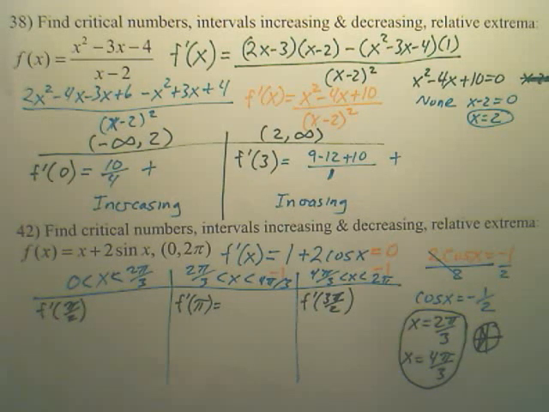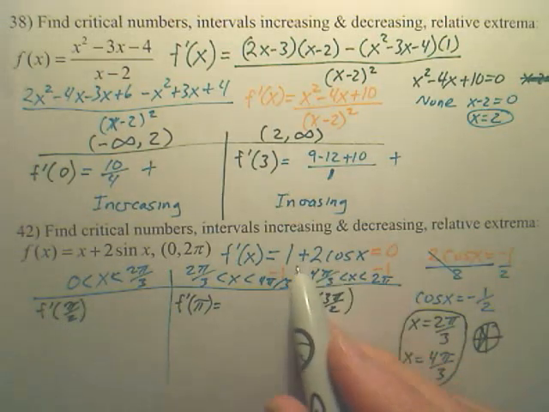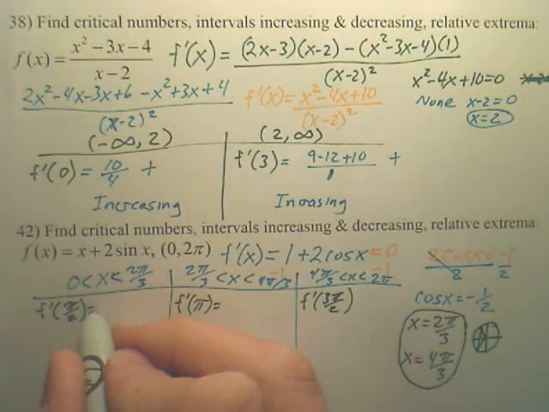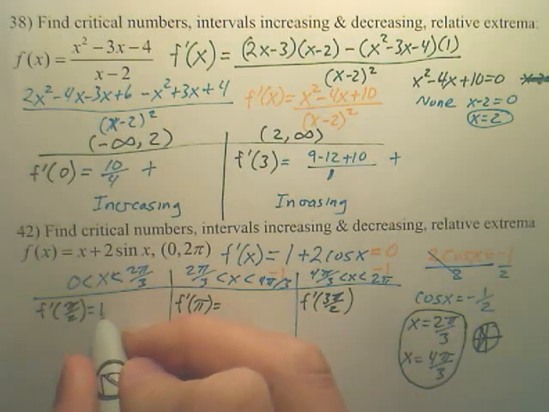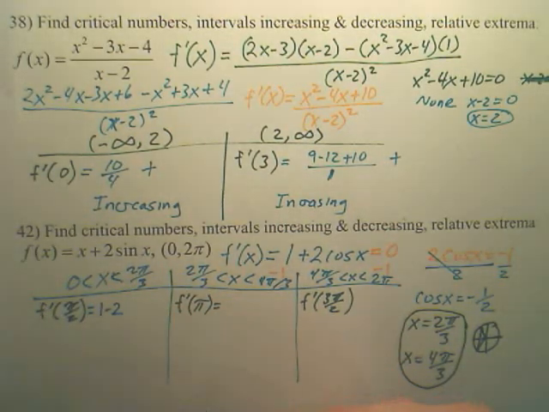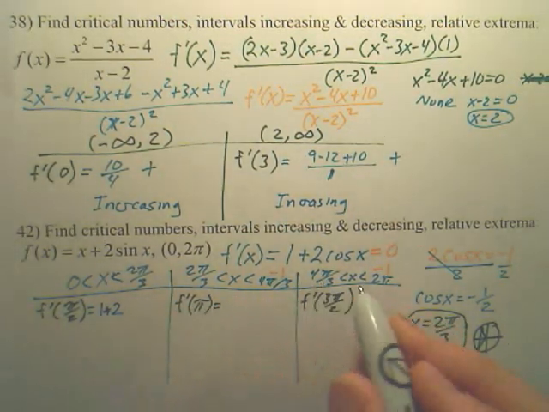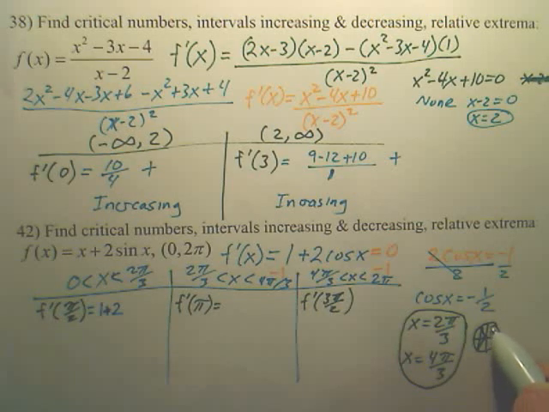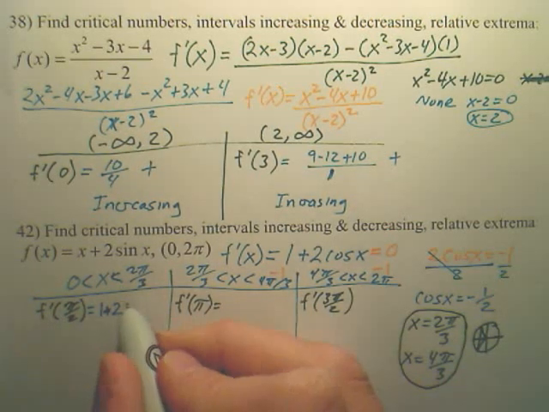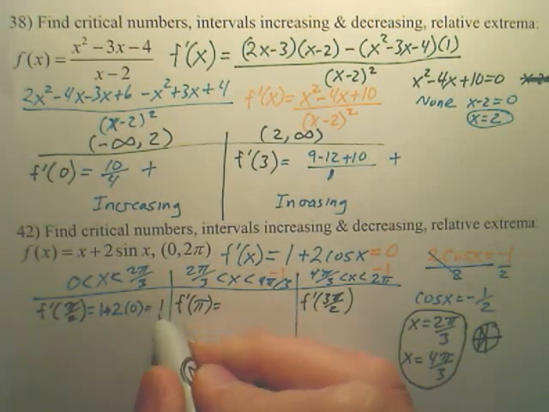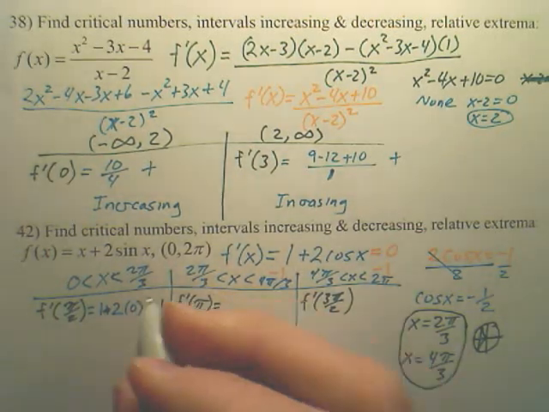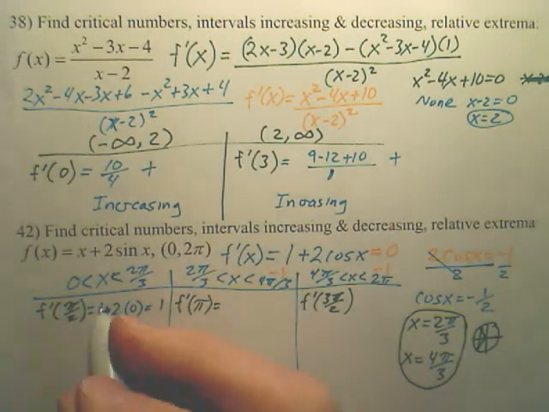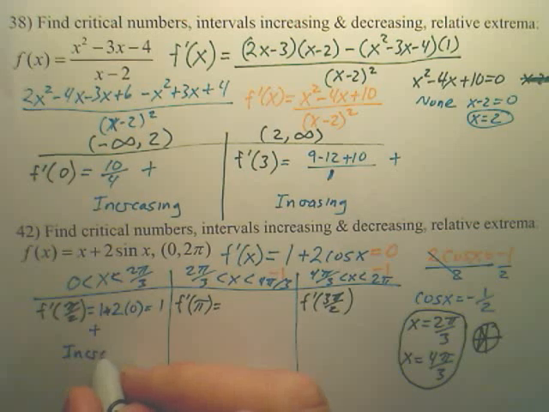When you plug those in, when you do pi over 2 into your derivative here, it's 1 plus 2 times cosine pi over 2. Isn't that cosine 0? So isn't that 1, which is positive? So isn't this increasing?